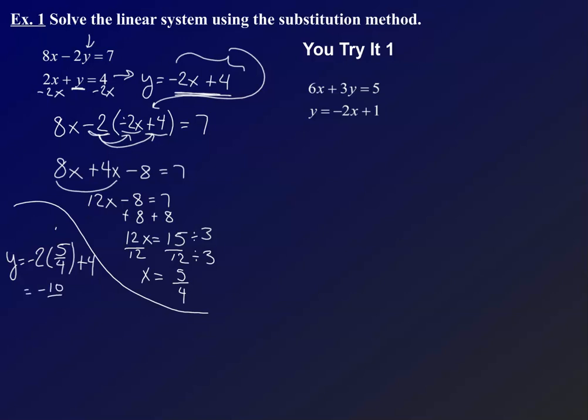So this is negative 10 over 4, which reduces to negative 5 over 2. And then we want a common denominator here. So my 4 is going to become 8 over 2. And so we get 3 over 2. And so the answer is 5 over 4, comma 3 over 2.